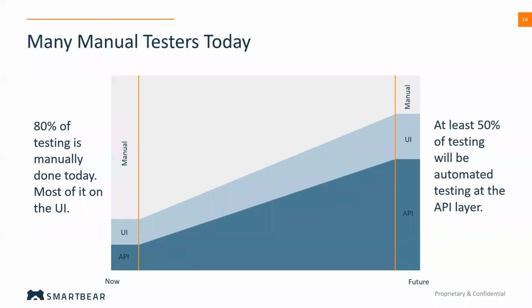You'll see then in the future, based on our research and the current information that we have from our customers, we estimate that at least 50% of testing will be automated, and that will include mostly testing at the API layer. So you'll see how things are changing. So if you're currently a UI tester, it would definitely be a recommendation to start delving into the API world.